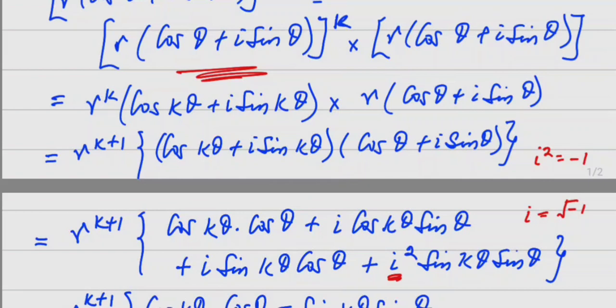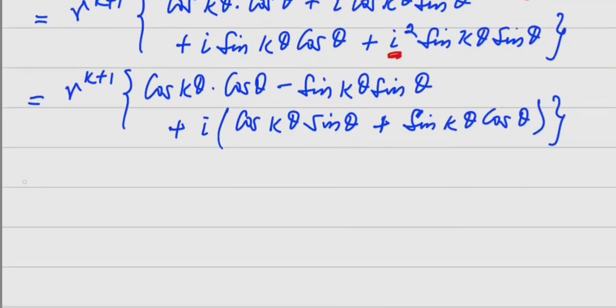Then plus, you factor out i from your cos k theta sin theta plus sin k theta cos theta.